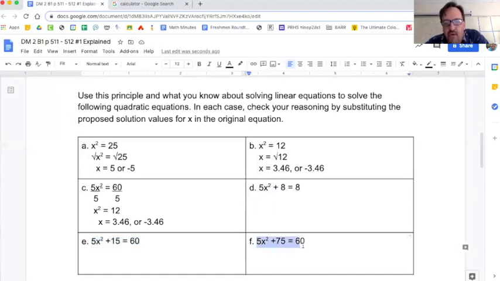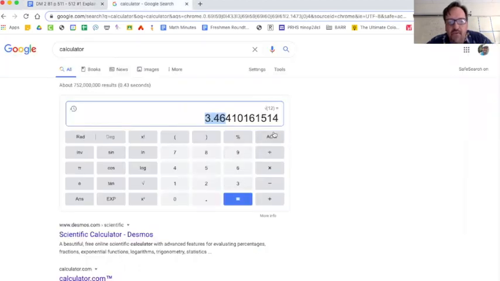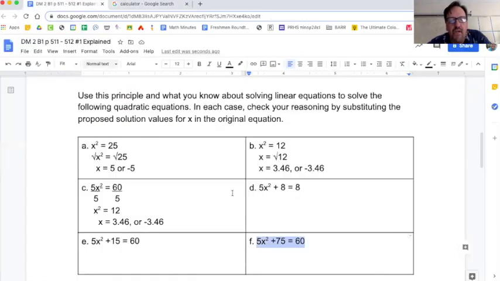Part F, I do want to highlight one of the things, and you may or may not know it, but you can't take the square root of a negative number. Like, for example, in the previous problem, if I had tried to take the square root of, say, negative 12, I get an error. Another way to think about that same thing is what number, when I square it, would give me a negative number?